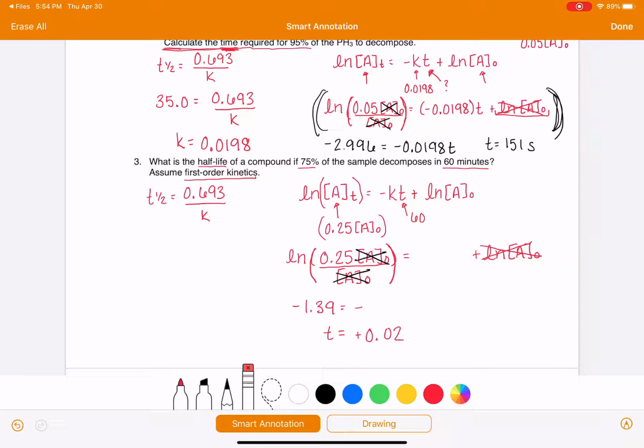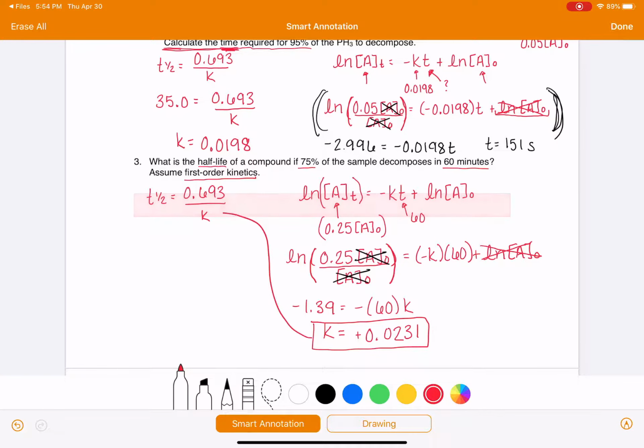The numbers are okay, but I've got the variable wrong. Negative k times 60 minutes. So this is negative 60k, and this is k. This makes more sense to me. k is 0.0231. So we've solved for the rate constant k.